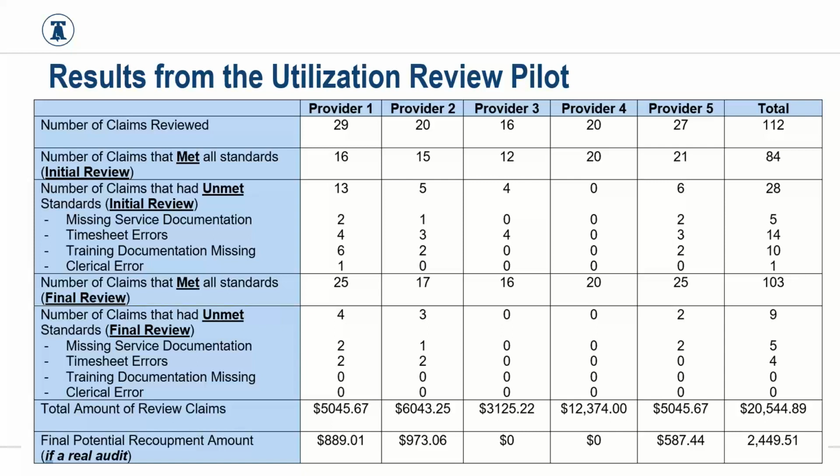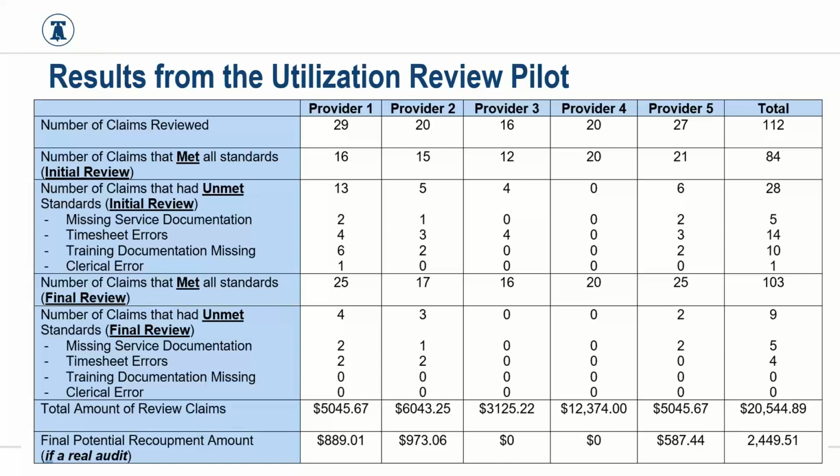Then you can see in the next row, for our initial reviews, so this is the first time we were looking at the service documentation that was provided, we had 84 total of the 112 that met standards, so met all standards across the board.